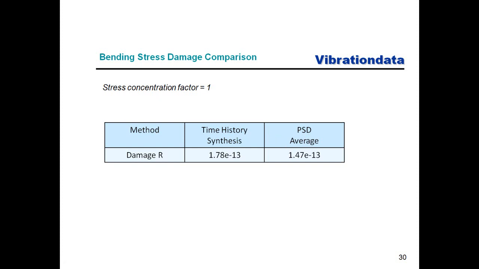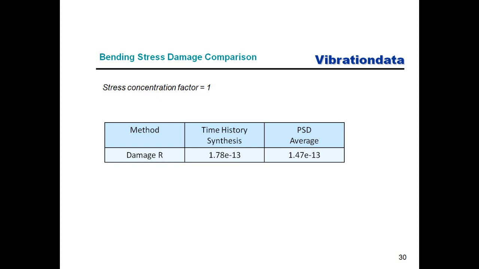Well, you might think to yourself, why not skip the time history synthesis altogether and just do the PSD method? And in some cases, that would be a good way to go. In this case, we already had our PSD. The PSD was understood to be a steady state, stationary Gaussian distribution type PSD.